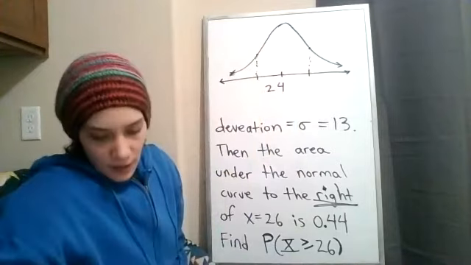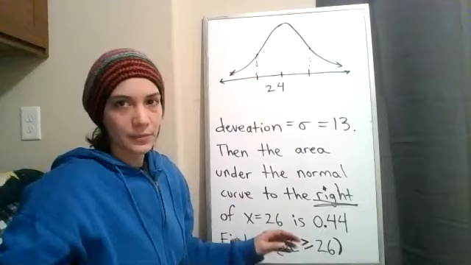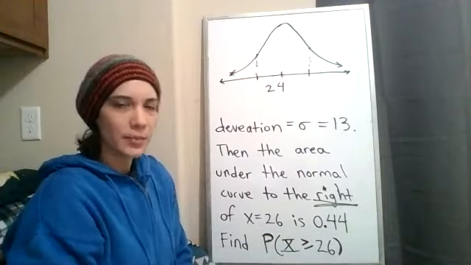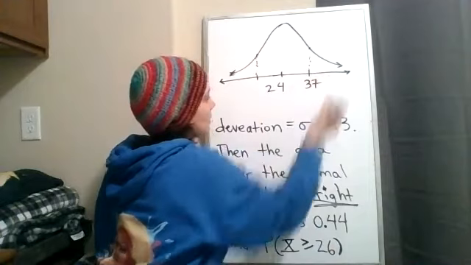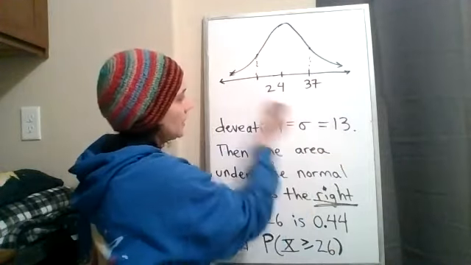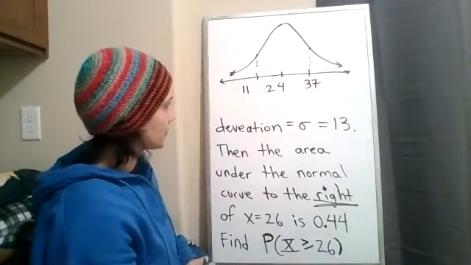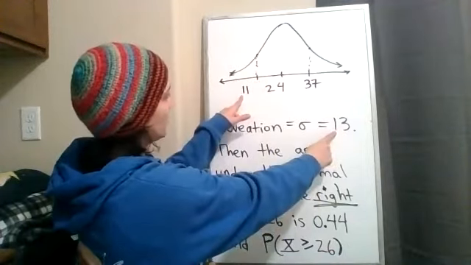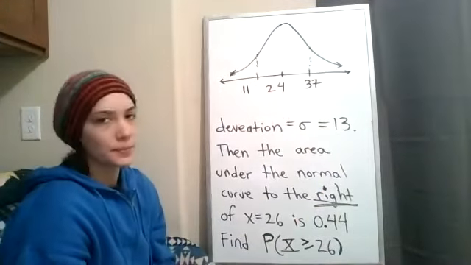So 24 plus 13 would be 37. 24 minus 13 would be 11. Cool.